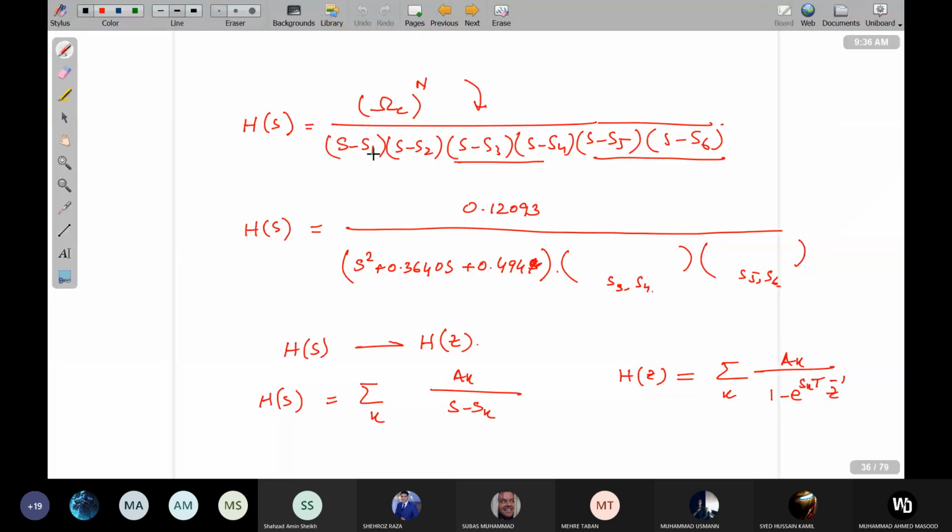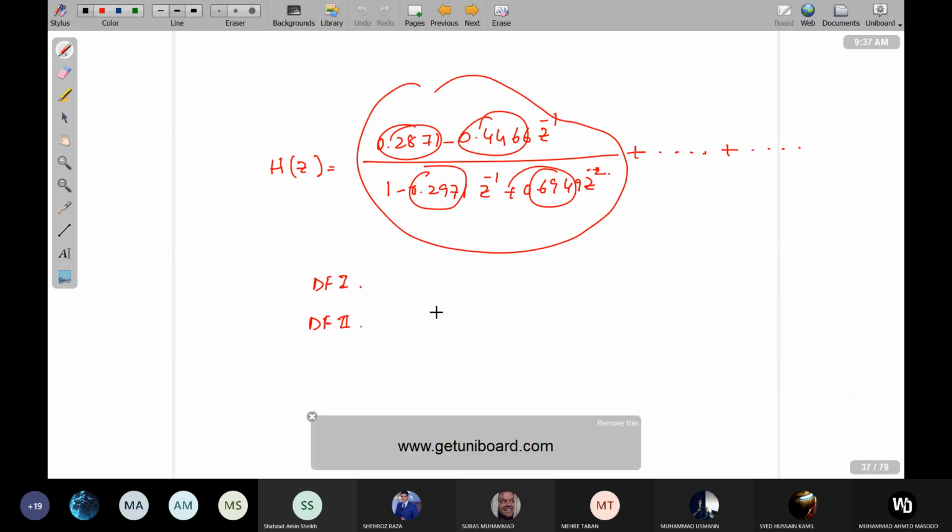This is SK now. S1 is SK. So 1 minus e raised to power S1 T Z inverse. इसी तरह से S2 के लिए आप use करेंगे और फिर आप उनको combine करेंगे तो you are ending up with this thing. Second order equations जो है वो आपको मिल रही हैं. यस सर. ठीक है.